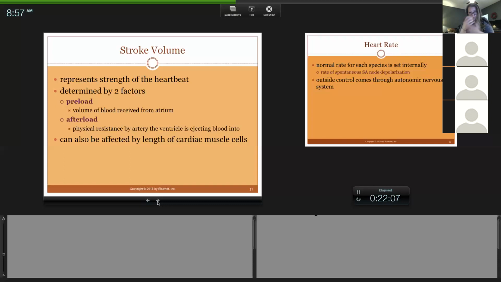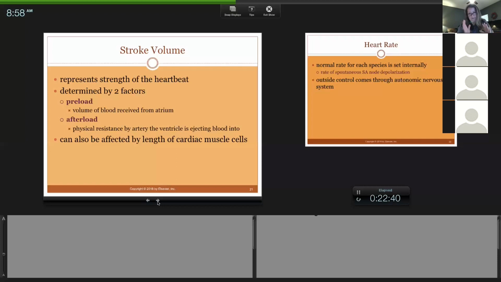The ventricle squeezes and then it has a poor cardiac output. It has a poor stroke volume. The heart's like, dude, it's not my fault. I didn't get enough blood from the left atrium. The left ventricle's like, I can only pump out as much blood as I get in my ventricle from the atria. So preload is what is coming in to the heart, the volume of blood from the atrium to the ventricle.